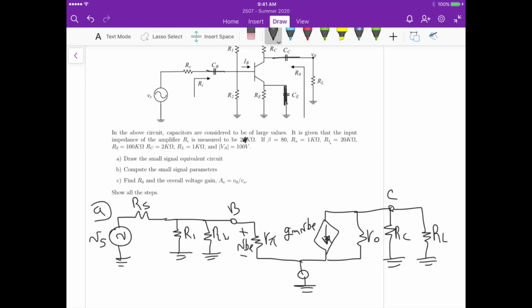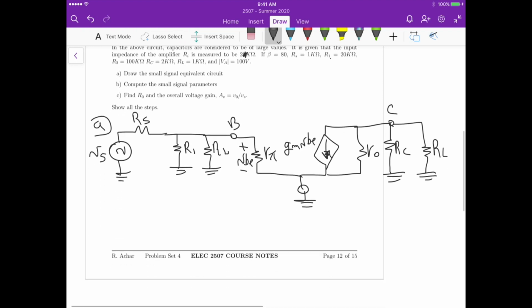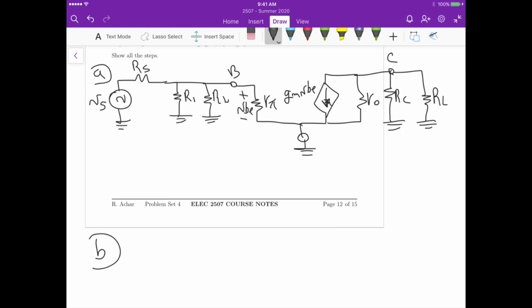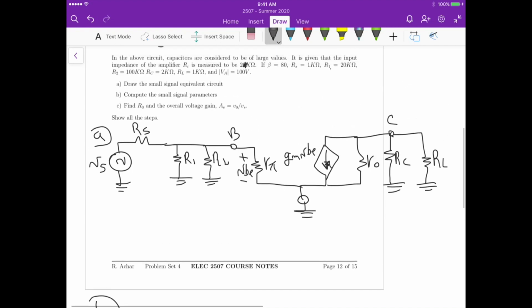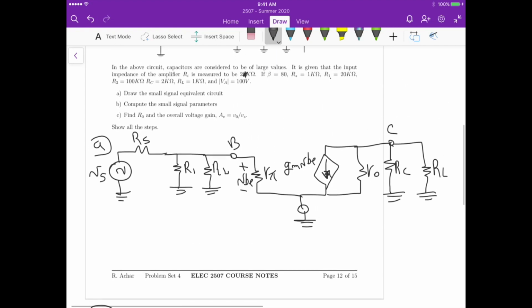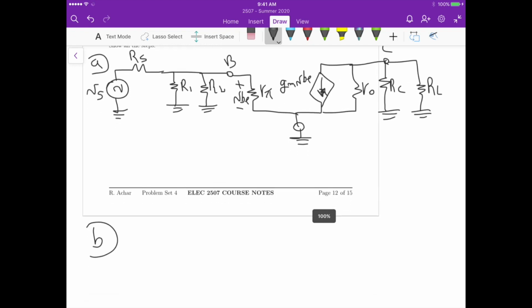Now, for B, compute the small signal parameters. So we have to calculate part B. We have to calculate the small signal parameters. So first thing here is that we have the values for R1, 20K, and R2, 100K.